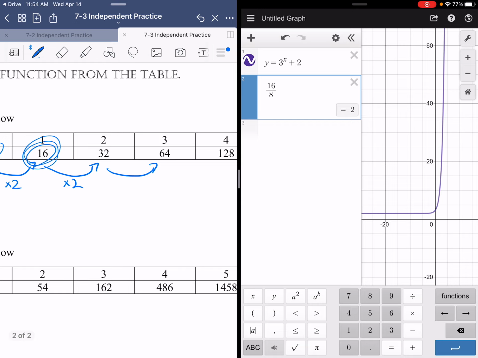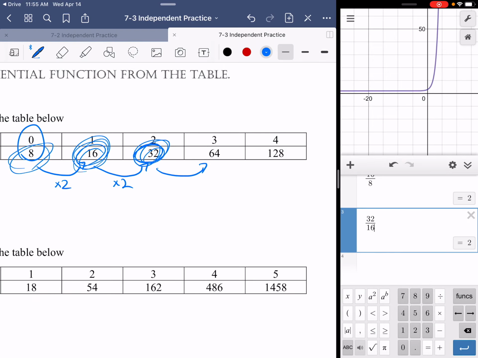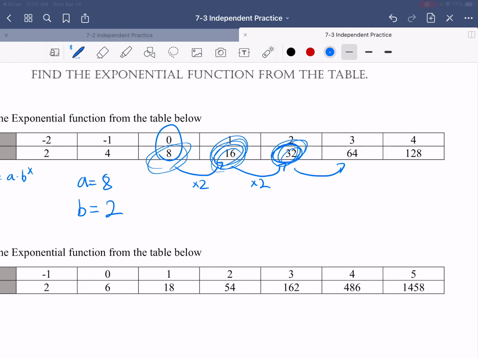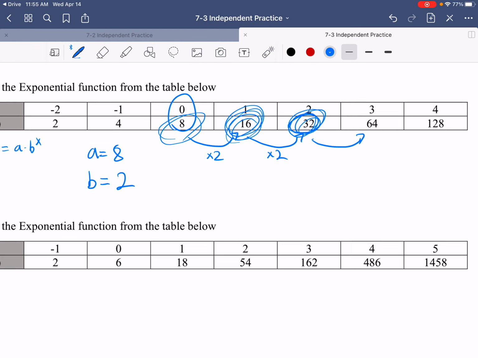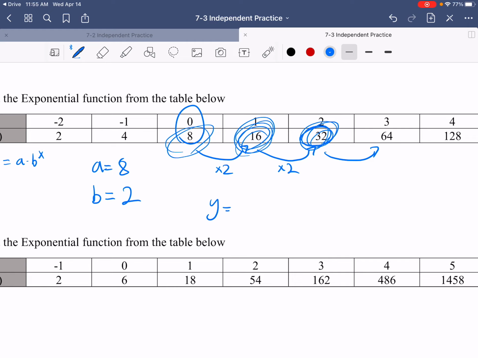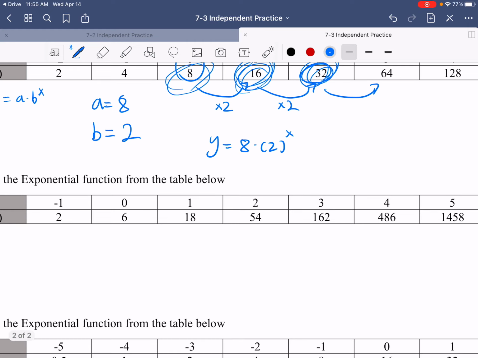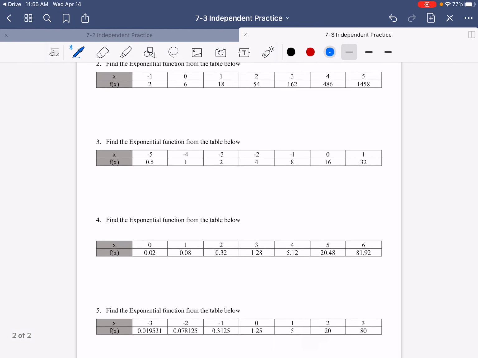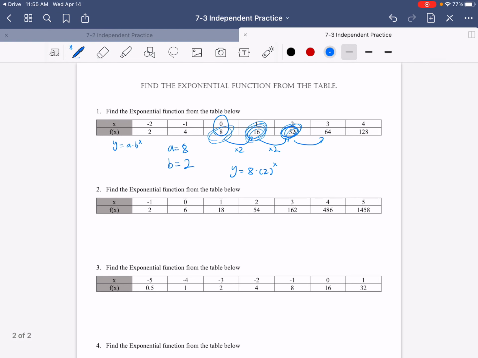As I said, try one more time with another number. 32, I'm going to use 16 again. 32 divided by 16. 2. Like that, okay? If you don't use a calculator for this part, you will suffer. I'm pretty sure, because when it comes to decimals, when numbers are decreasing, it's gonna be hard.